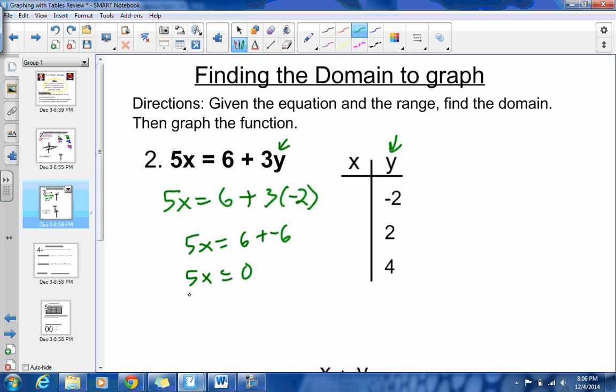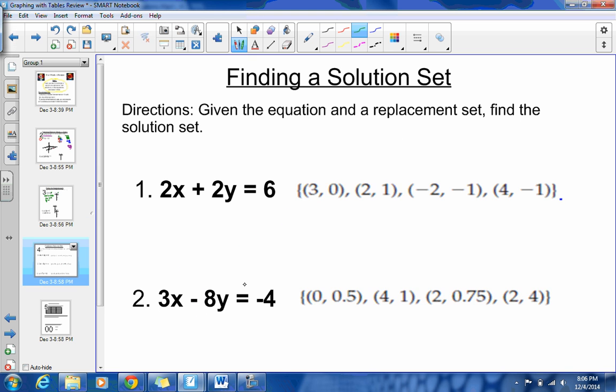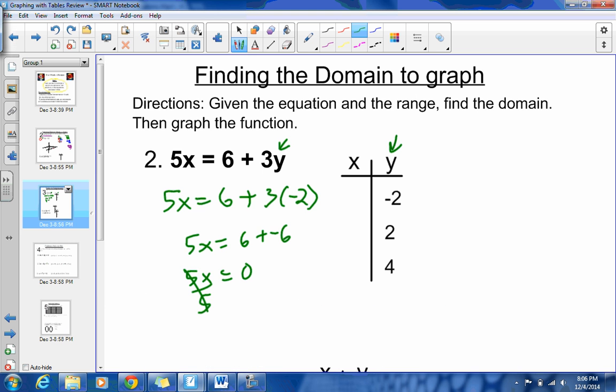Now we can divide both sides by 5 to figure out what the x value is. Divide by 5. And that would be x equals 0. Because 0 divided by anything is just 0. If you have nothing, you divide it into 5 groups, it still has 0 in each group. So that means that x is 0 when y is -2. So we put 0 right there.